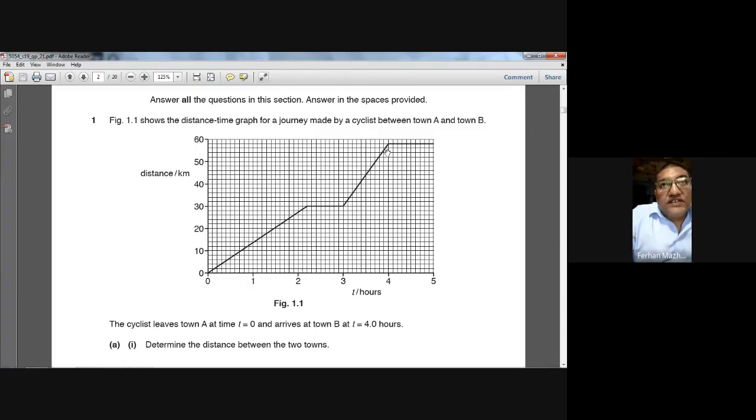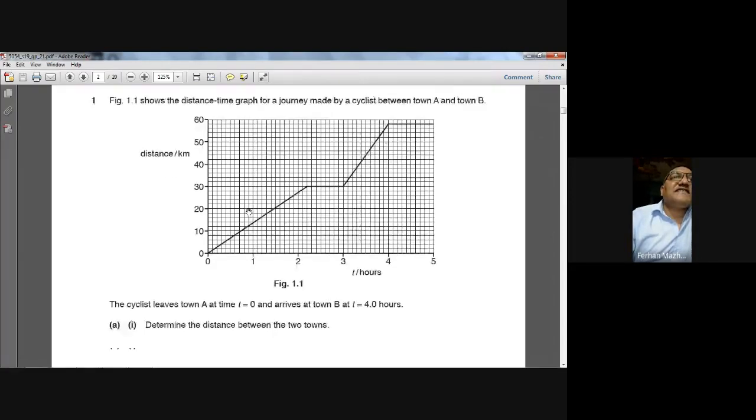The gradient of the distance time graph represents speed. Because in this portion the graph is steeper compared to the slope here, it means the cyclist was faster.